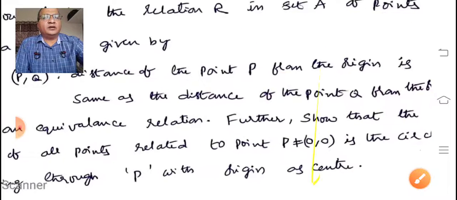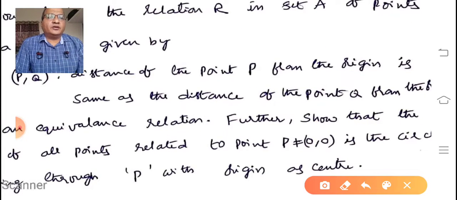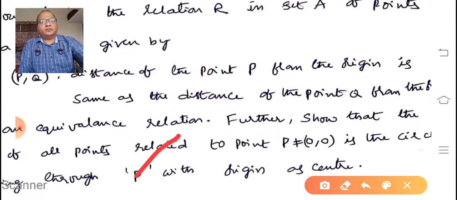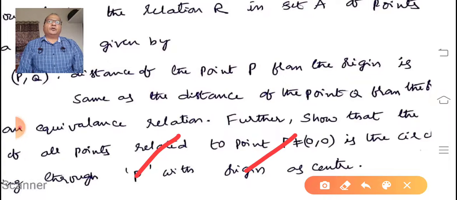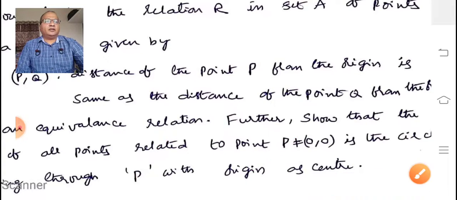Means we take the set of points OP, OQ, OR, OS, ON and so on. All the points which are related to P form a circle that passes through P with the center as the origin, because we are taking OP, OQ, OS. We will discuss that in the solution.